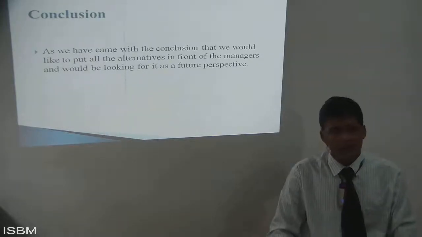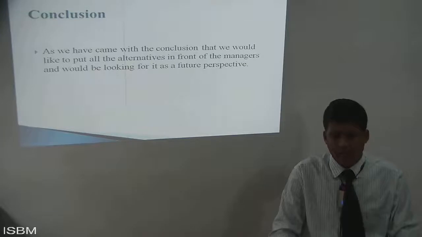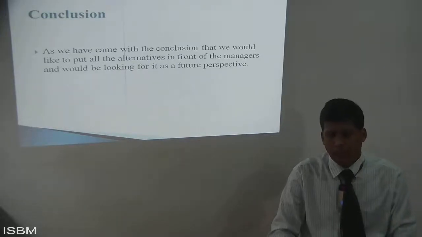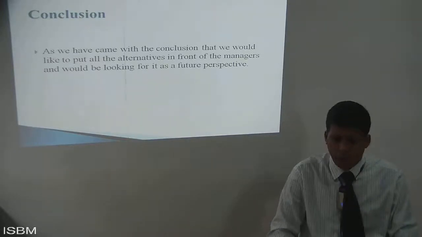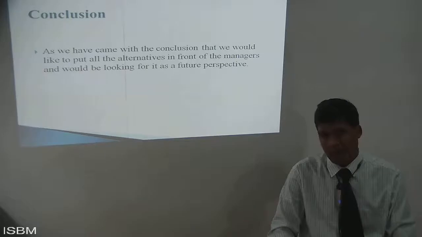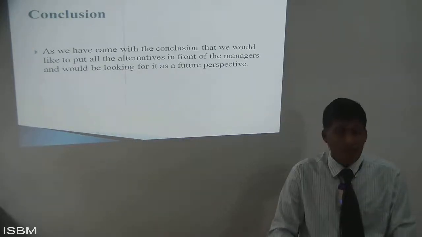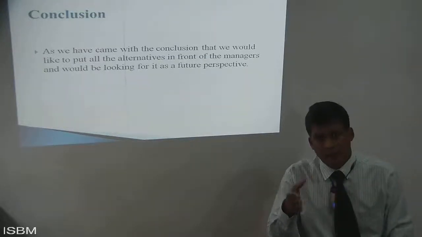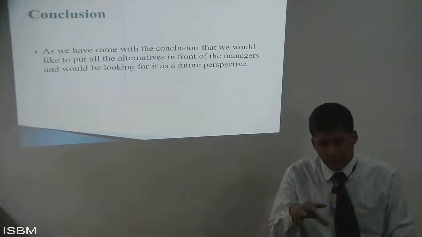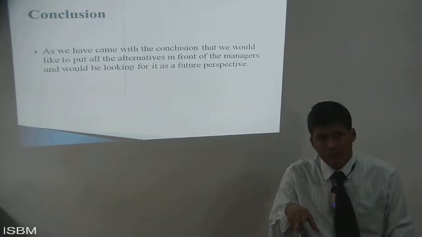Looking into this case, we have come up with the conclusion that we would like to put all the alternatives in front of managers and look at them from a future perspective. When we are looking at alternatives, we never say that this is a right or wrong decision, or a good or a bad decision. In a given situation, no decision is good or bad, right or wrong.